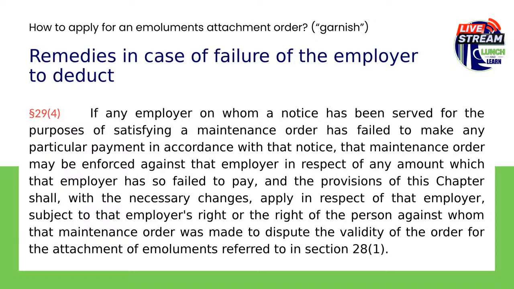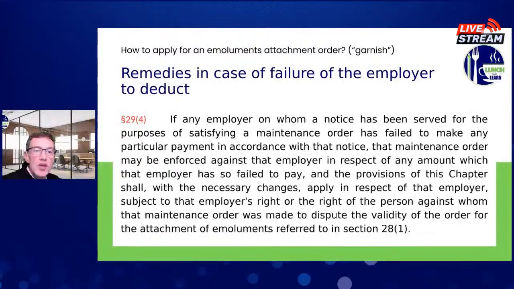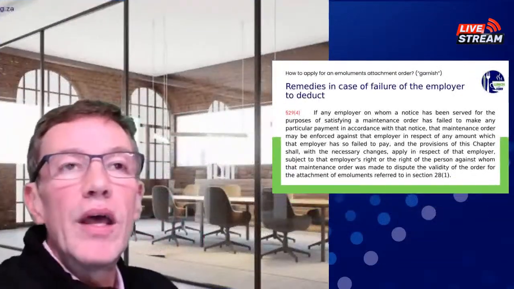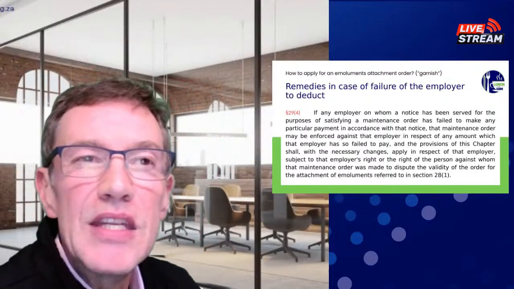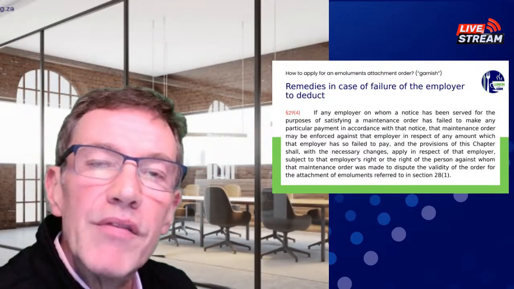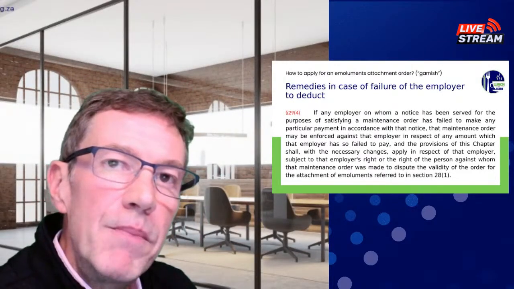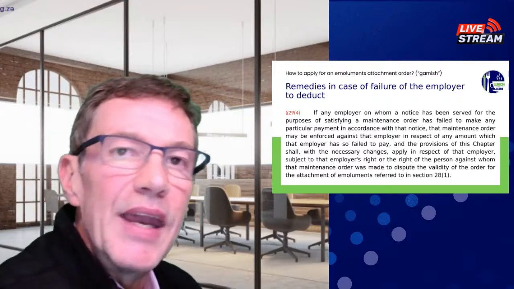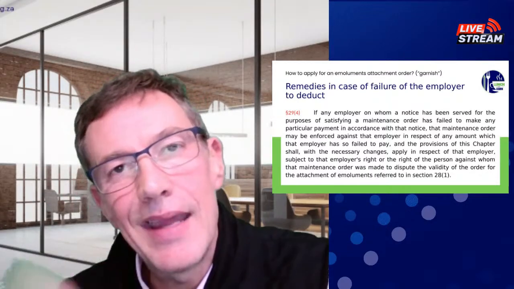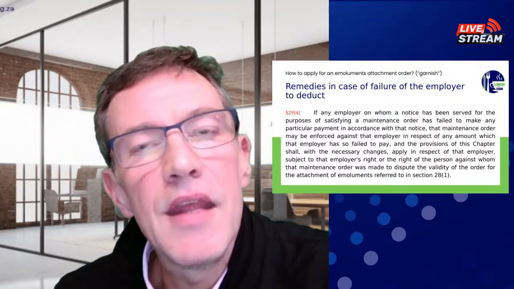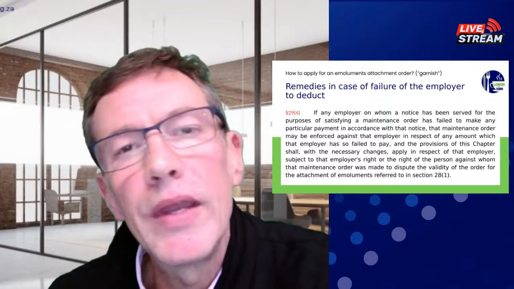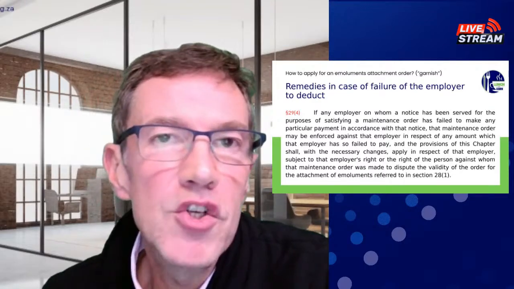In practice, I've dealt with numerous cases where a garnishee order has been served on the employer. The employer just drags their feet, or they simply do not pay over the money. Then the parties come to my office and I issue a warrant of execution against the employer, forcing the sheriff of the court to go to that workplace and attach furniture.